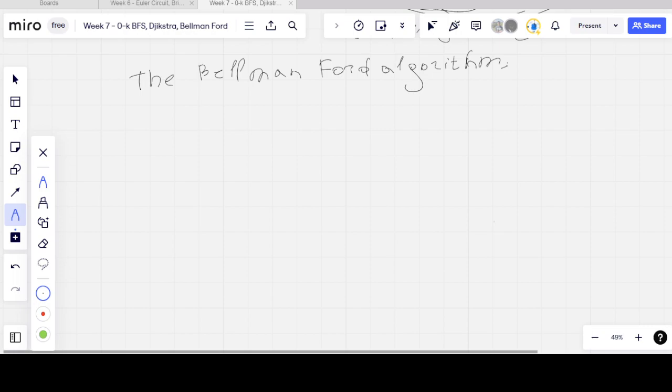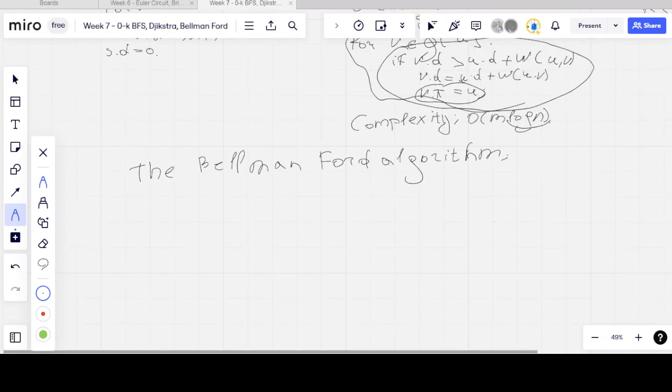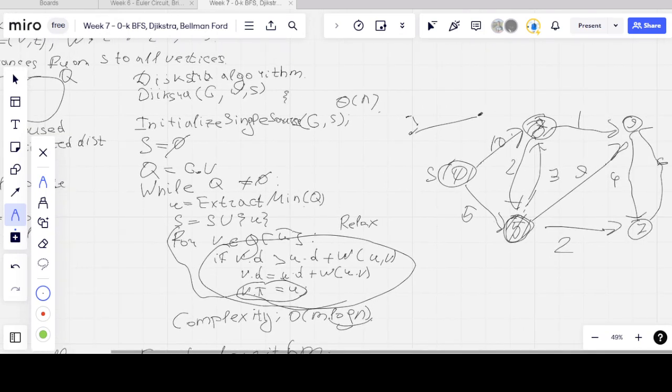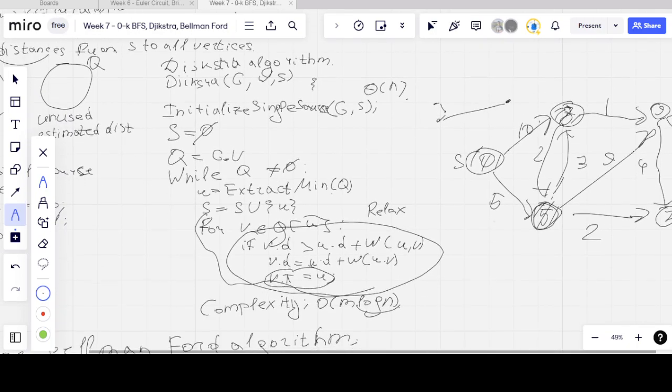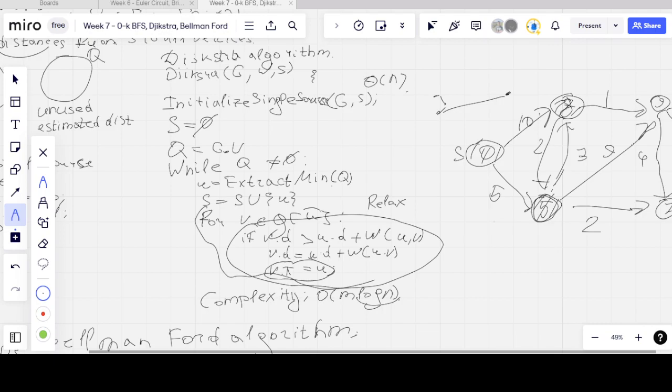In the previous algorithm, I forgot to say that we don't have negative cycles in this graph, because if you have negative cycles, we have an infinite loop.